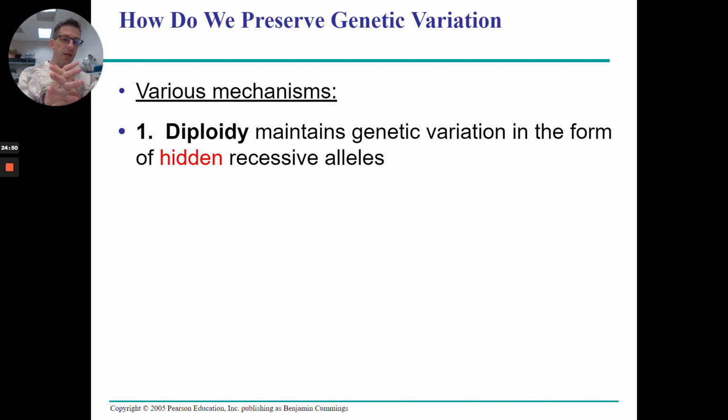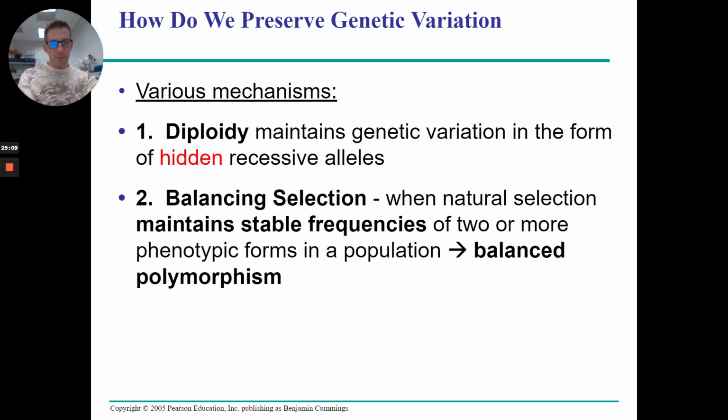And so diploidy can help us to maintain this genetic variation without having a currently detrimental recessive one in our population until maybe it's needed, okay? Meaning it gets overridden by the dominant one that is better for the current situation, okay?